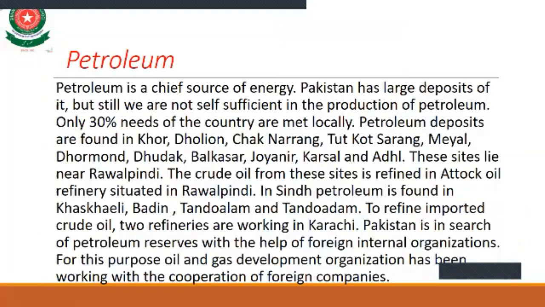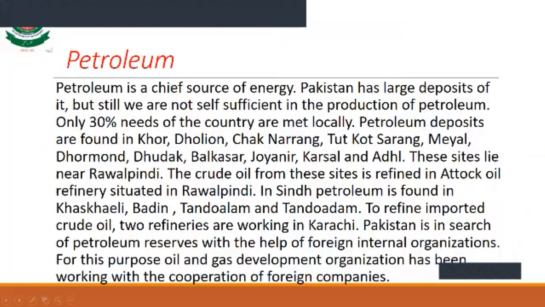Our next natural mineral source is petroleum. Petroleum is a chief source of energy. Pakistan has large deposits of it, but still we are not self-sufficient in the production of petroleum. We have a large number of reservoirs and deposits of petroleum, but we are not able to find it at a proper ratio.